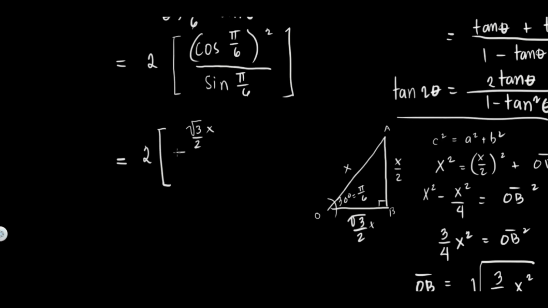Adjacent over the hypotenuse. What is the hypotenuse? X. Okay, huwag kalimutan. I-square mo po iyan over sine pi over 6. Opposite. Okay, x over 2 over the hypotenuse x. Yan.